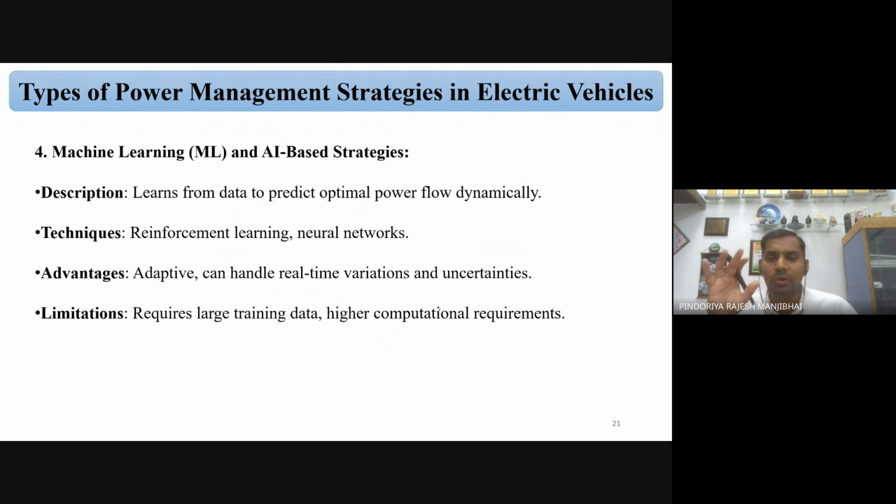Machine learning, maybe all of you know this machine learning base. You have a huge amount of data, and based on that data you can predict the model, correct? Learn from the data to predict the optimum power flow dynamically. Techniques: reinforcement learning, neural network. Many methods are available for machine learning and AI based strategy.